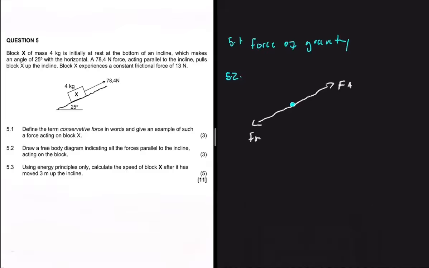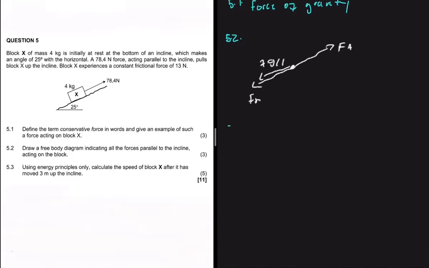Because we know that we're going to have weight going down, and then we can resolve that into the perpendicular component and the parallel component. If we do that, we have another force, which is the weight parallel going down the incline. So we have Fg parallel, right? Fg parallel is always going down the incline. So that is what we asked you to do in 5.2.